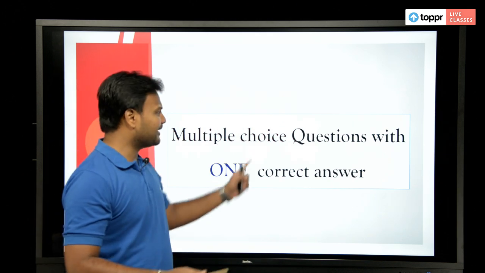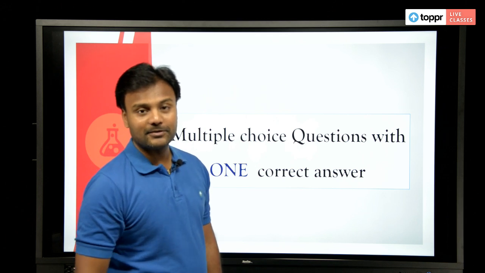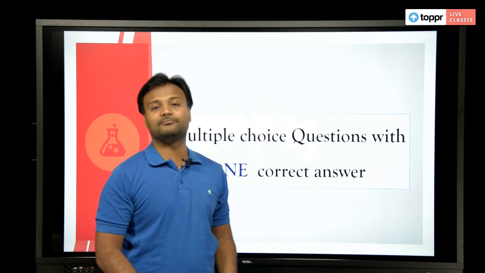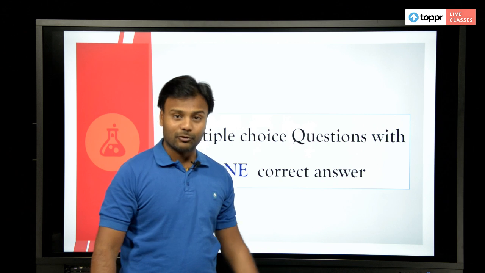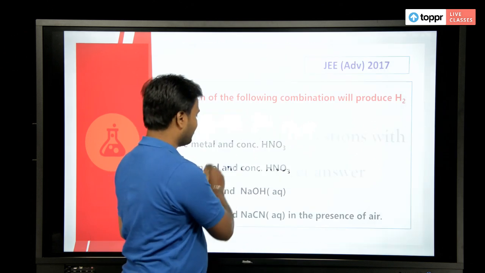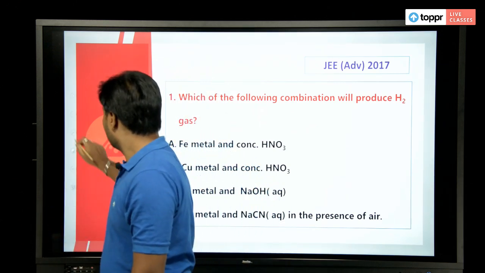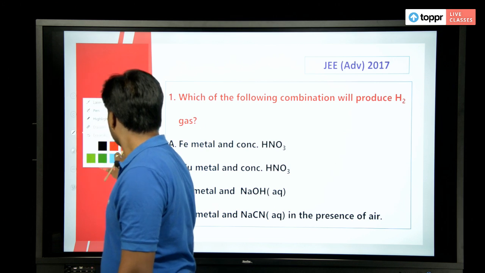Let us start with the multiple choice questions with one correct answer, right. This is the one we are going to take up for almost 4 to 5 questions, where one answer is the right one. Let us start the question.